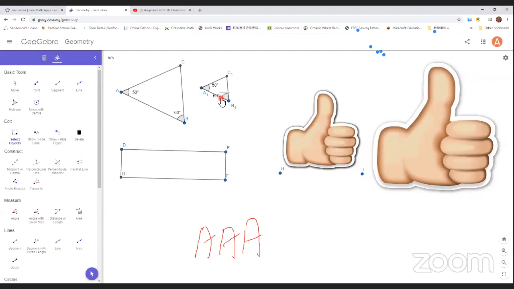Therefore, in this case, of course, we cannot say that they are congruent. Therefore, if you just have the information of the angles only, in this case, AAA, we know that this one must be the same, right?